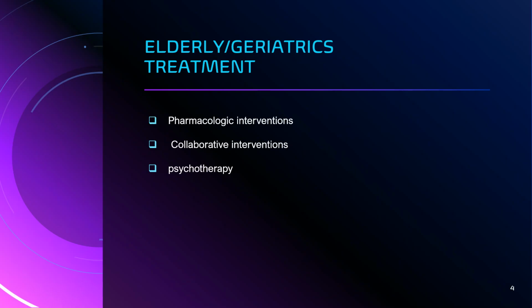Some examples of these would be bupropion, duloxetine, sertraline, and other options such as mirtazapine, especially with patients with insomnia or poor appetite. In the elderly population, the thing to avoid when considering pharmacologic interventions is not to prescribe any tricyclic antidepressants.